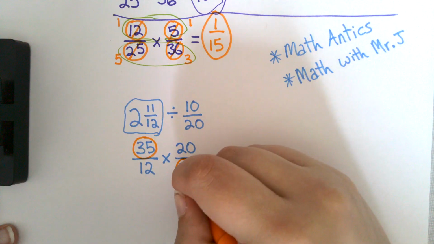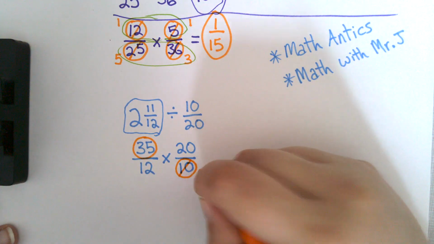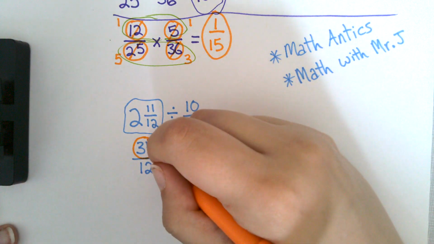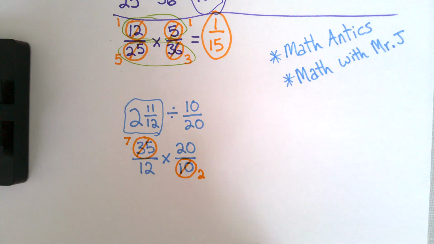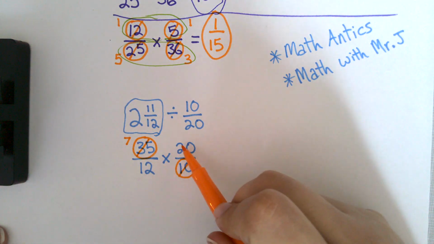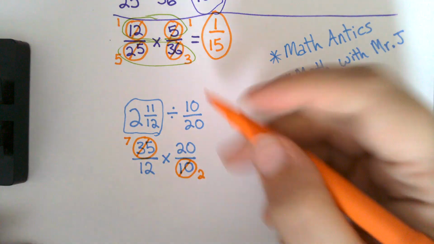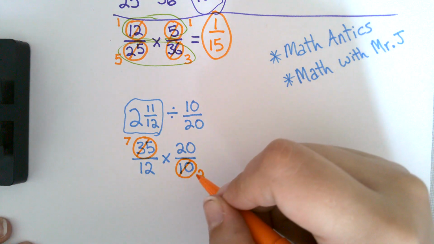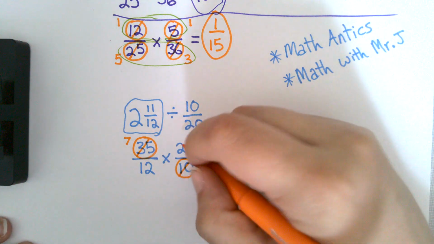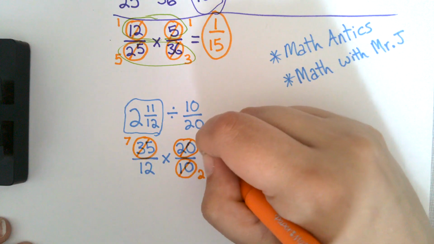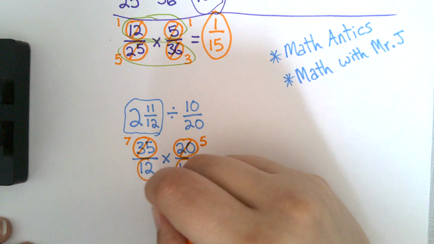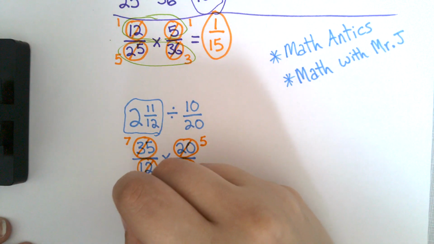10 divided by 5 will end up giving me a 2, and 35 divided by 5 gives me 7. Then I could also simplify the 12 and the 20. Both of those numbers can be divided by 4. 20 divided by 4 gives us 5, and 12 divided by 4 would give us 3.